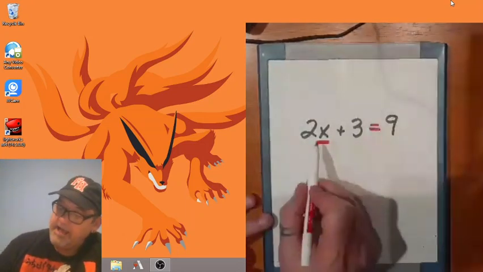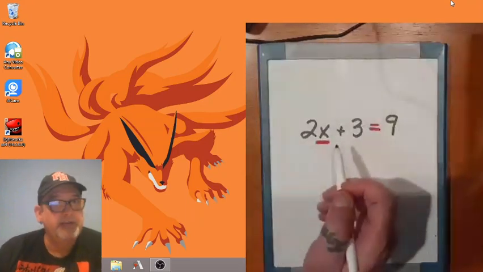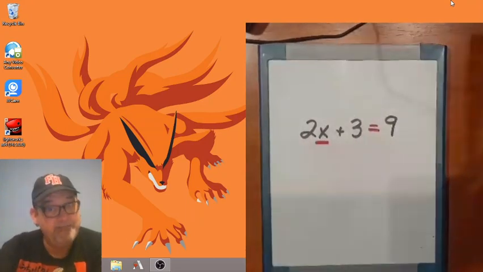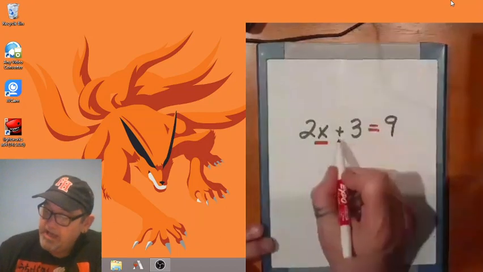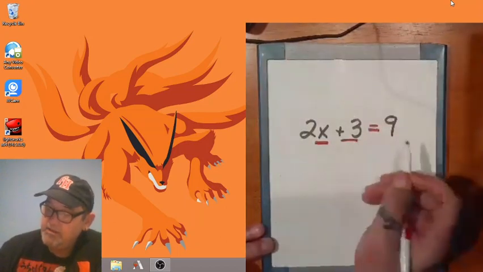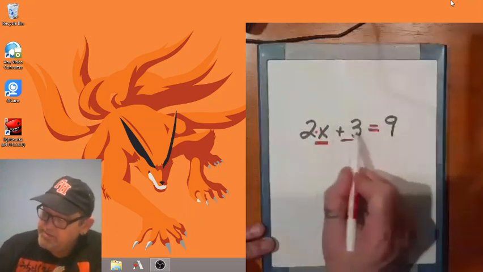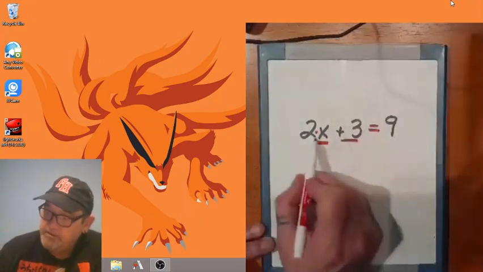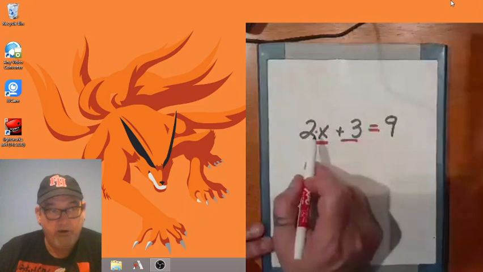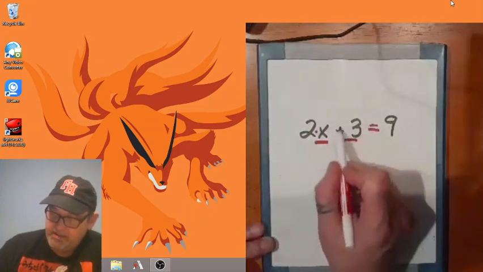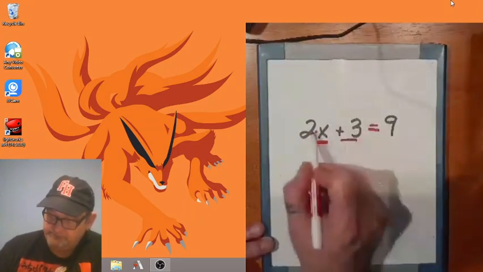Well, I have a couple of things with x on x's side of the equal sign, if you will. I've got a plus 3 here, and I've got times 2 here, right? So here's my add subtract part. Here's my multiply divide part. So it happens to be I have a positive 3 and a times 2.